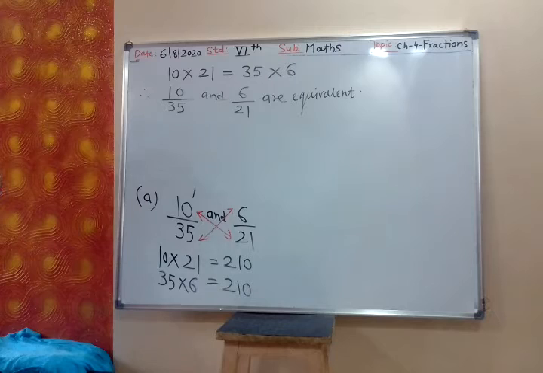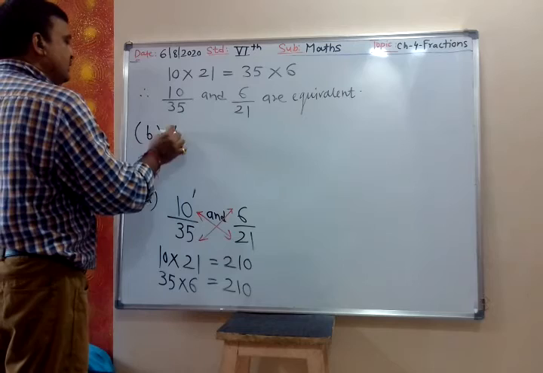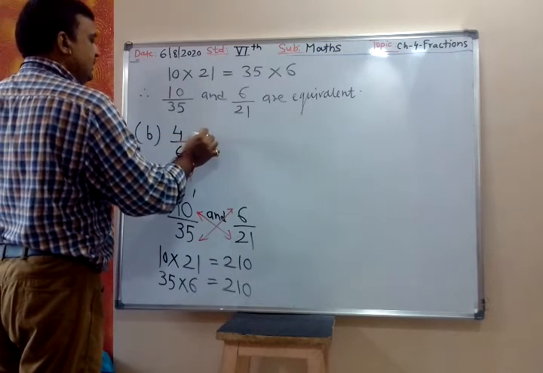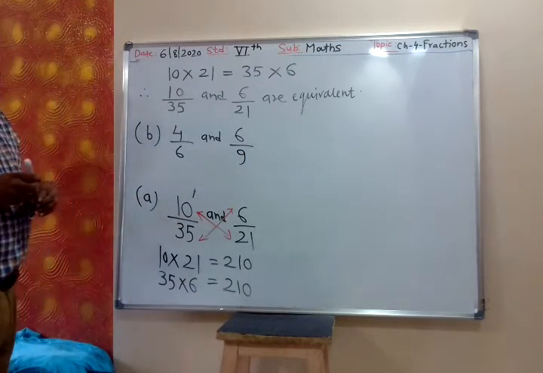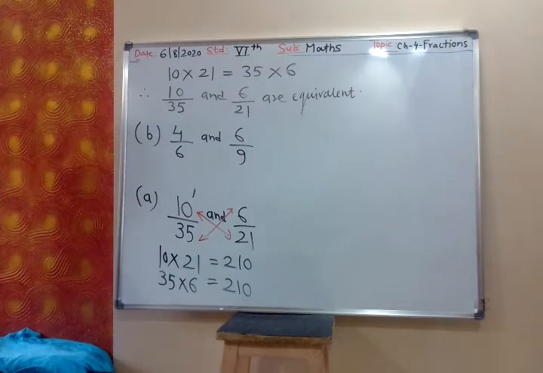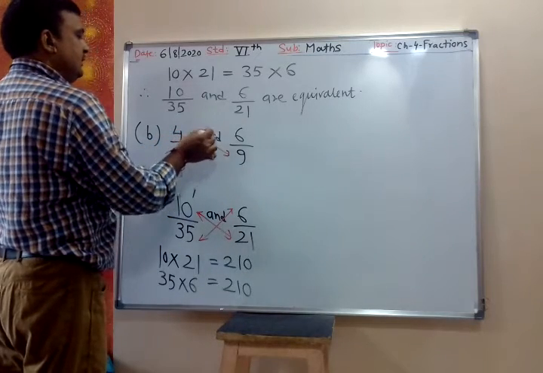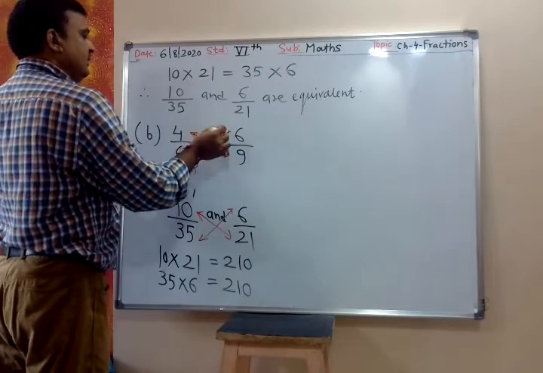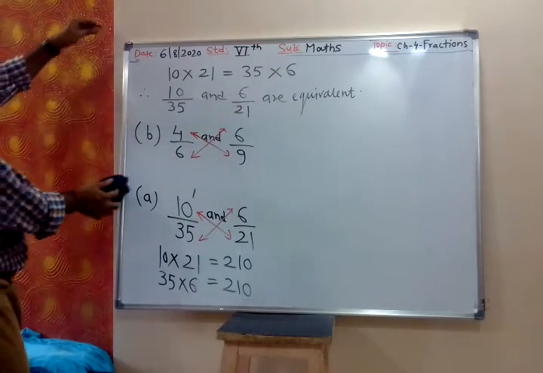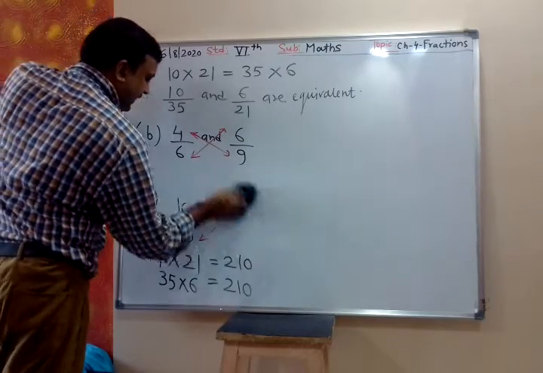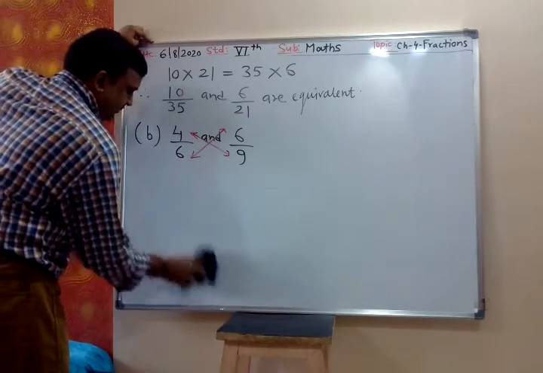Now second is 4 upon 6 and 6 upon 9. Now we cross multiply this diagonal and check whether they are equal after cross multiplying.